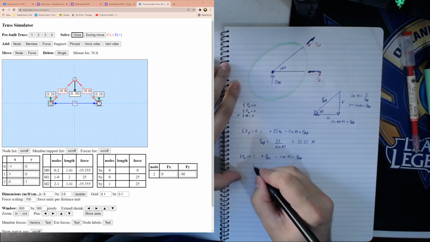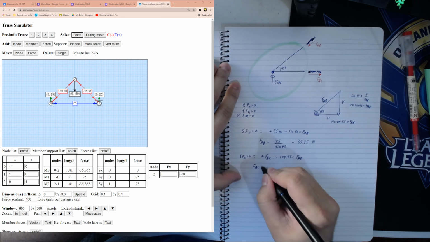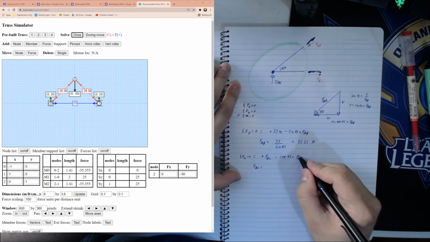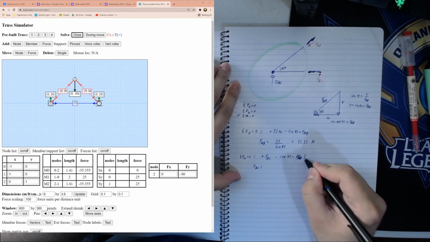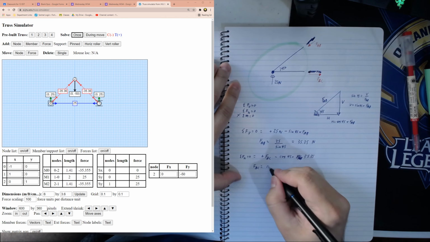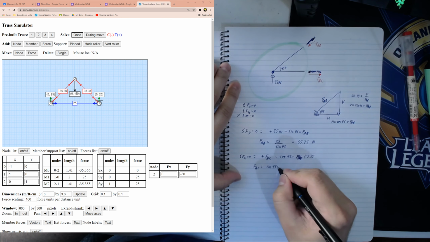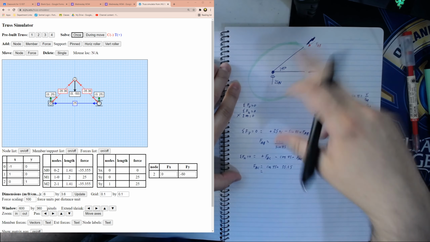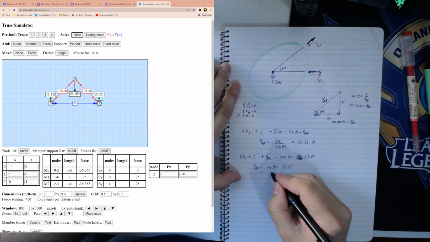And then if we plug that into the calculator, FAC is going to equal cos 45 times FAB, and we already have FAB. FAB is 35.35. So we just times cos 45 times 35.35. And I believe just because it's the reverse of the other one, it should just equal 25.